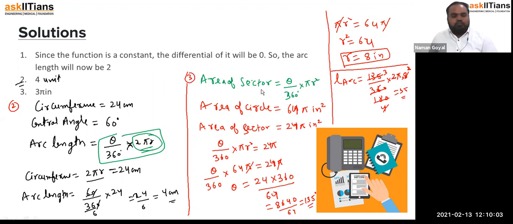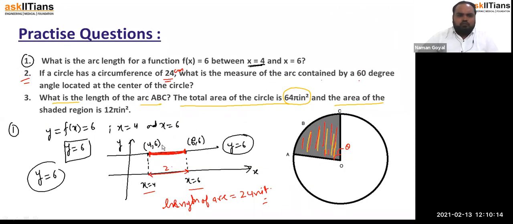Once we complete that lecture, we will be able to do this. For now, you can skip this question, because it can be done with the concept of area of sector, which we have not learned in this lecture.